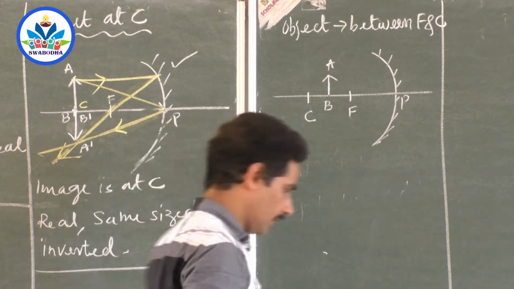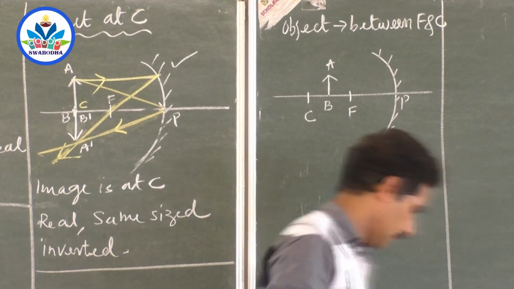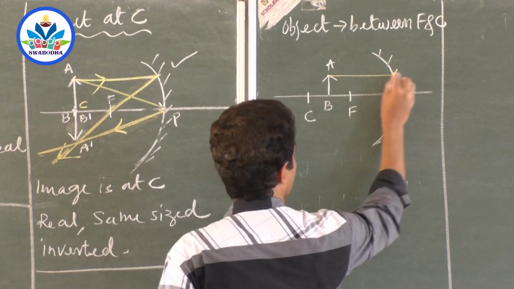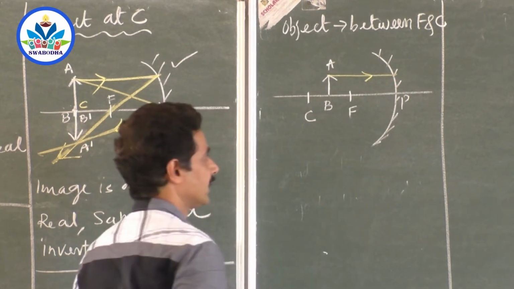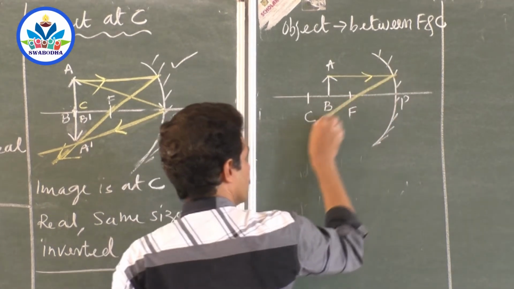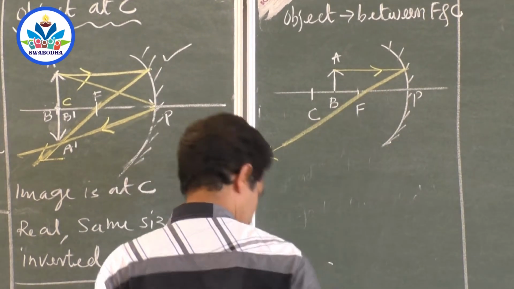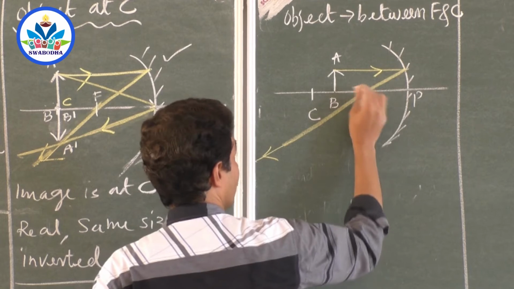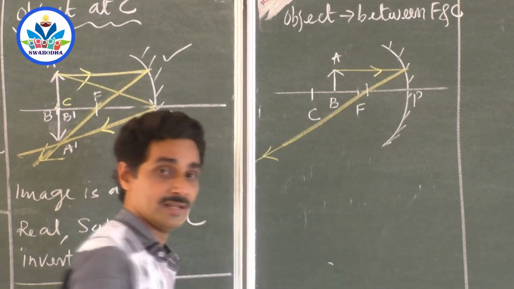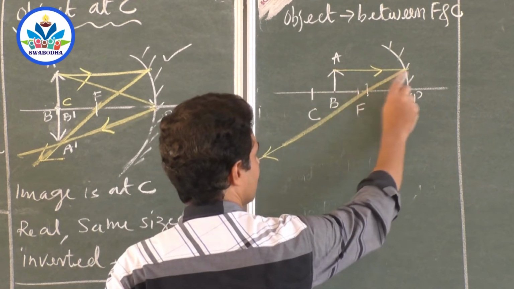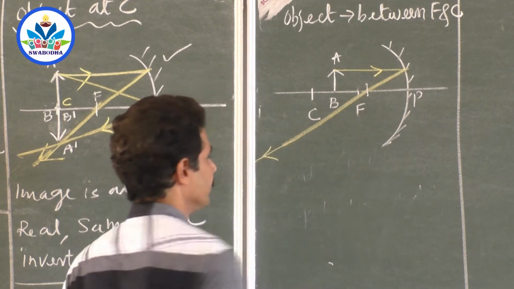Take a ray of light incident parallel to the principal axis, like this. After reflection it passes through the focus, like this. Instead of drawing such a long line, I'll shift the focus. That is easier. So a ray of light incident parallel to the principal axis passes through the focus.